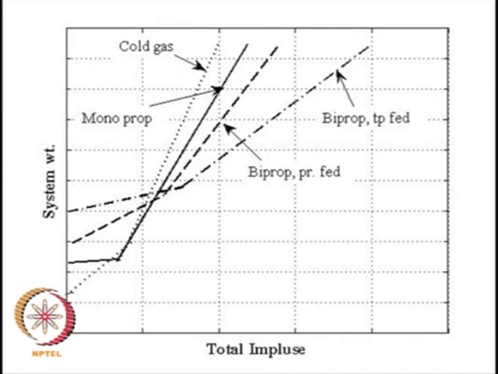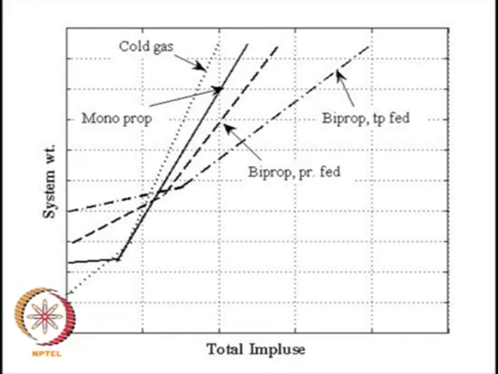And then further, this curve, the monopropellant system comes in, that is, if your impulse is up to 10 power 1, it is better to use a monopropellant device, and then a pressure fed bipropellant device, and then lastly turbo pump fed bipropellant system.